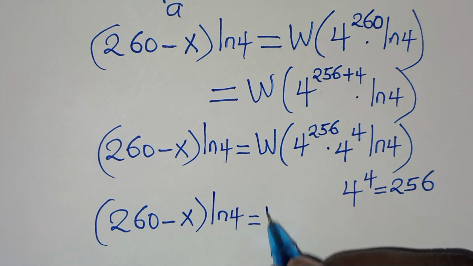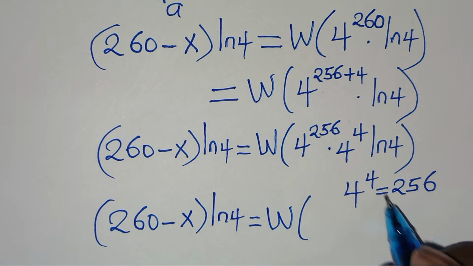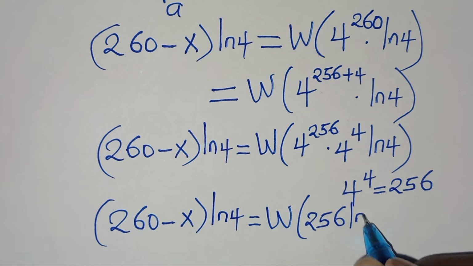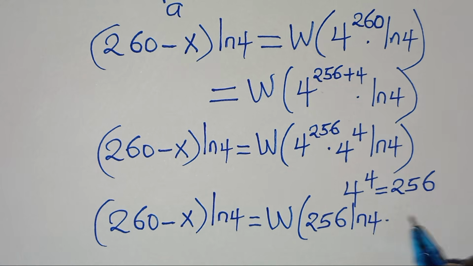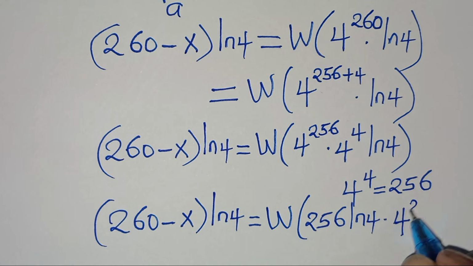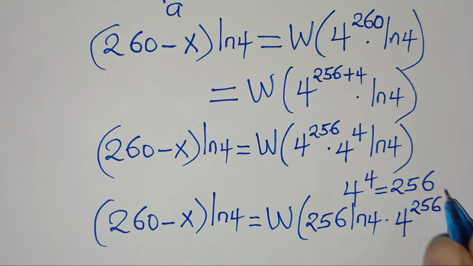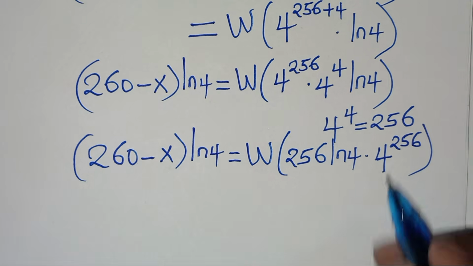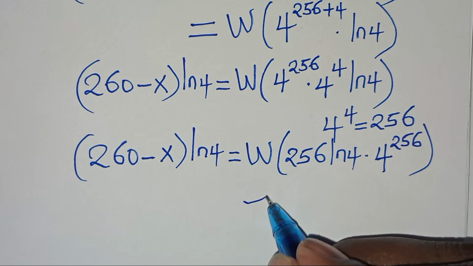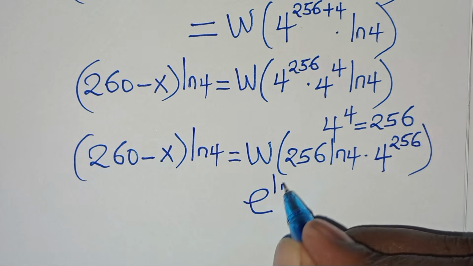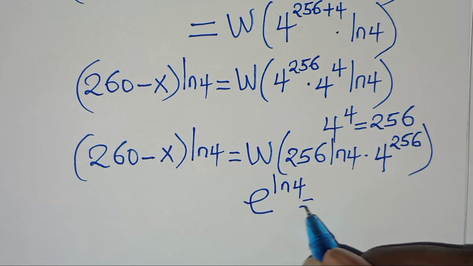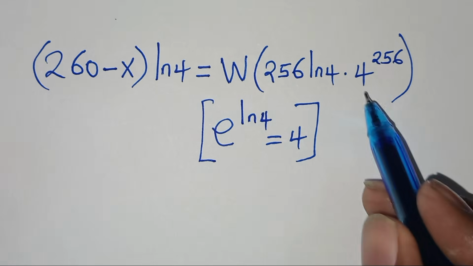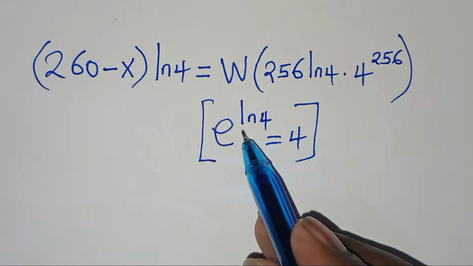This is equal to the Lambert W function of 256 ln of 4 multiplied by 4 raised to the power of 256. In the next step, we have that e raised to the power of ln of 4 is the same thing as 4. Now let's substitute 4 with e to the power of ln of 4.